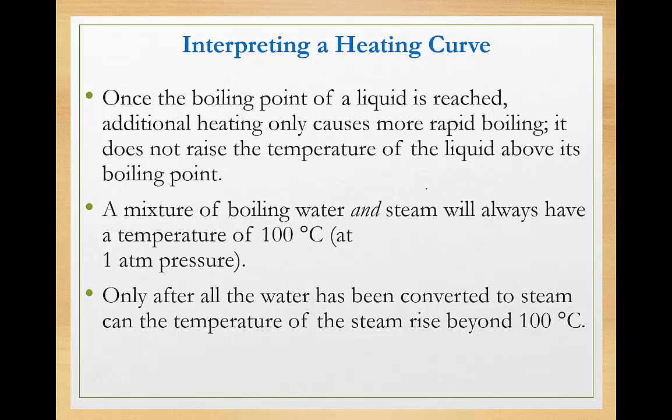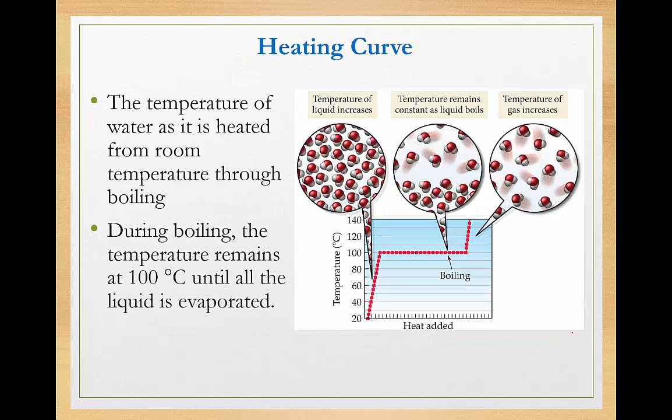And the only way you're going to get that to increase in temperature is to convert all the water to steam. Until all the water has become steam, the temperature is going to stay at 100 degrees Celsius. Once you get it all into the steam form, again, if you hold it at the particular pressure you're at, then you can get the temperature of the steam to go higher than 100 degrees Celsius, but not until you've completed that phase change. At that point, all the energy is just going into that conversion from liquid to gas.